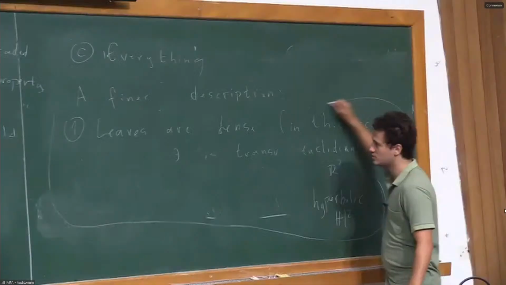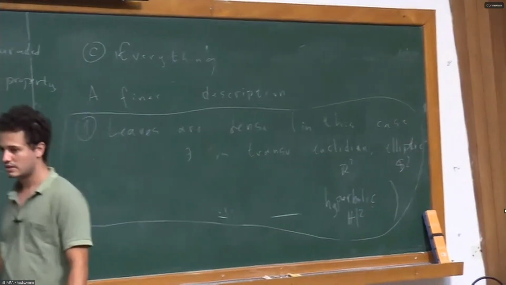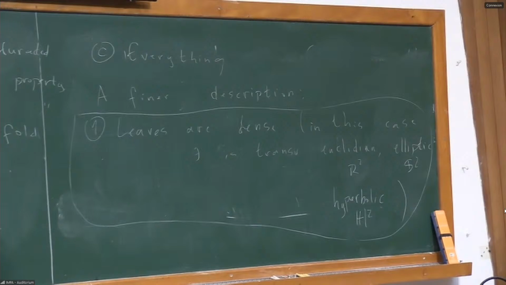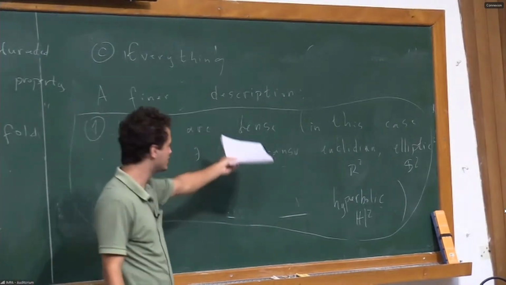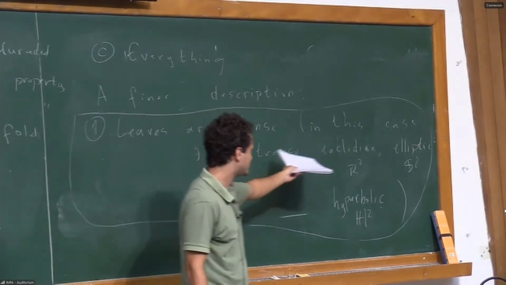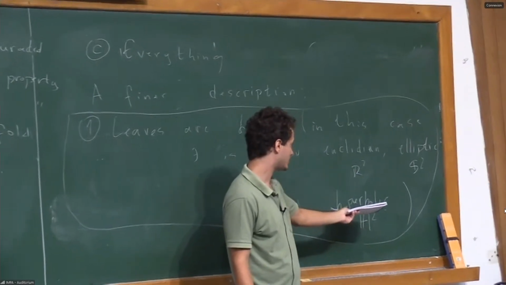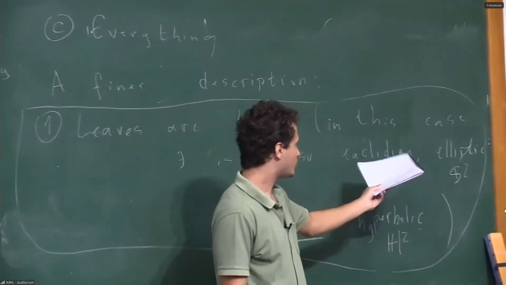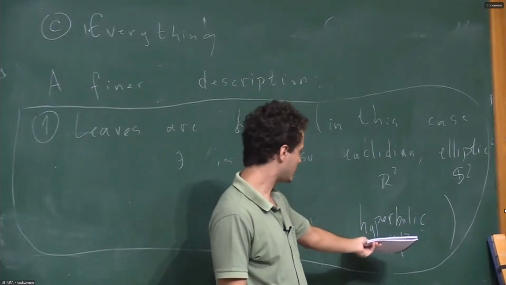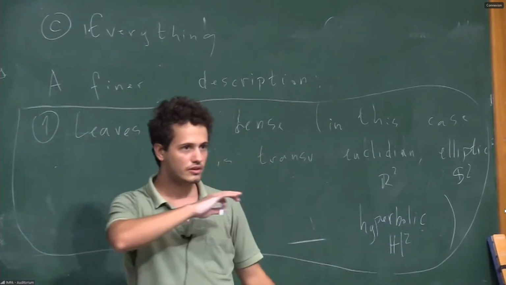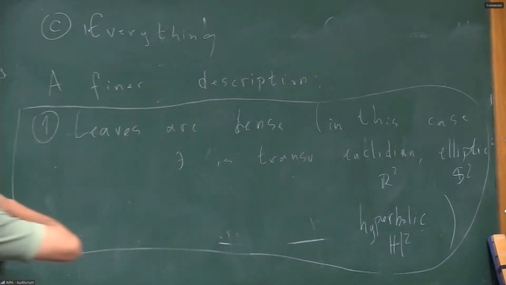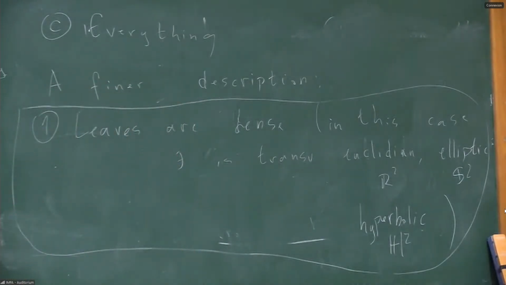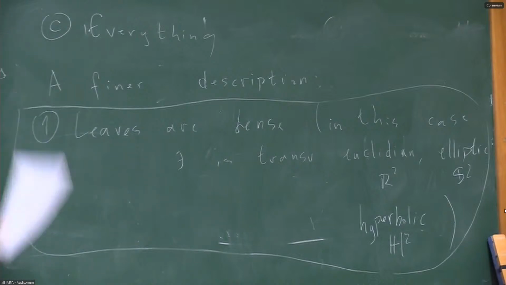So since my time is over, let me just say that now we concluded that the leaves are dense, and F is transversely Euclidean, elliptic, or hyperbolic. So why does it have to be hyperbolic? Because remember, we have a transverse metric with negative curvature, and we can more or less push forward this metric to the base.